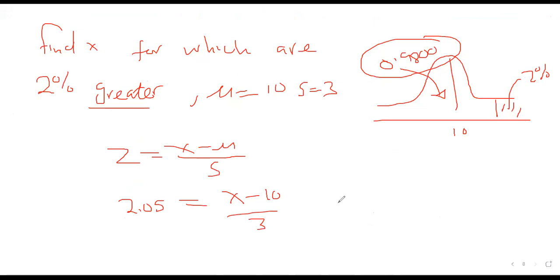And you cross multiply. 3 times 2.05 is equal to X minus 10. So when this 10 comes here, we add 10 plus 3 times 2.05. The final answer is the value of X.